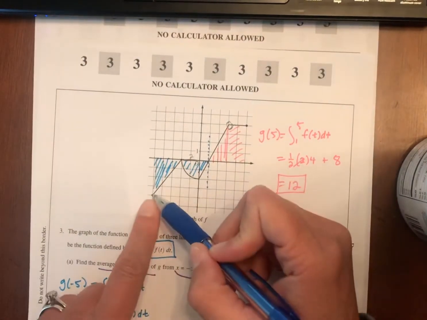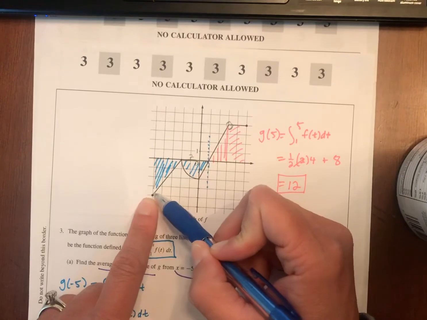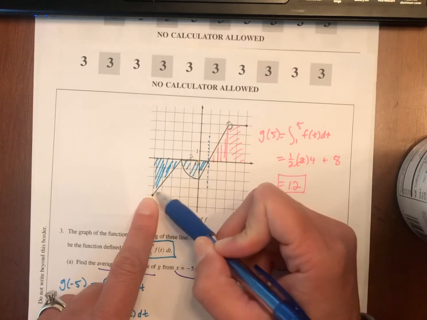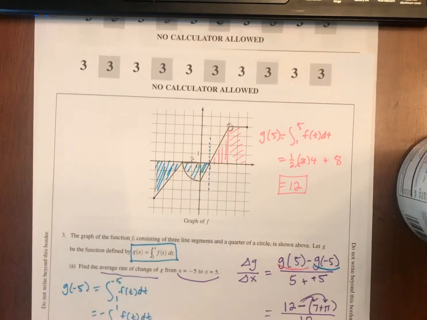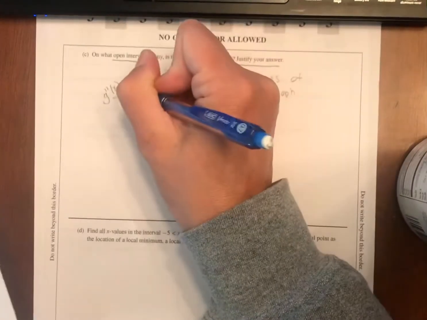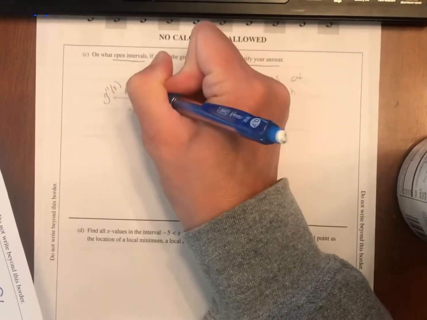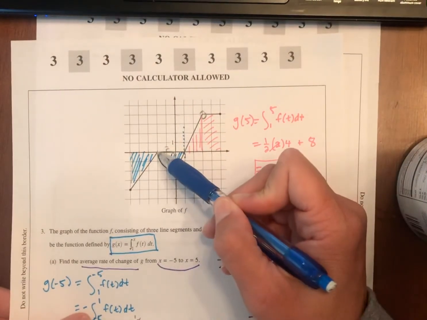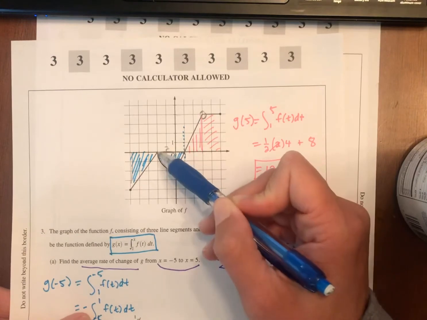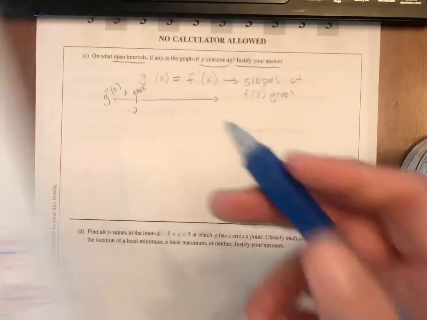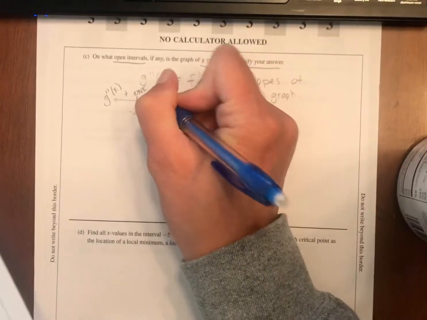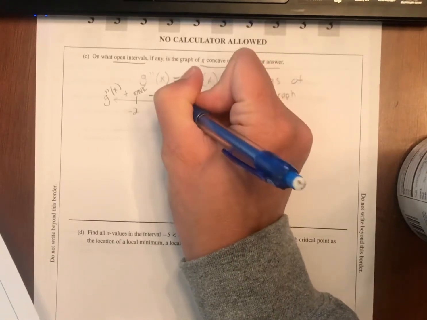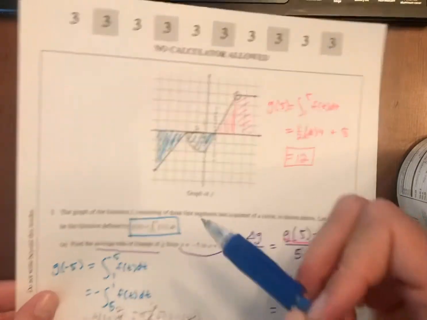The first thing I can see here is that starting at -5, ending at -2, the slopes are positive. Then at -2, the slope does not exist because there's a cusp in the graph. From x equals -2 to x equals 0, the function is decreasing, so the slopes are negative. At x equals 0, there's another cusp, so the slope does not exist.